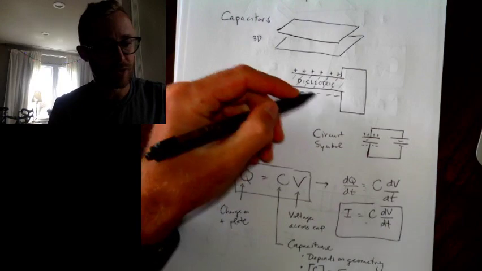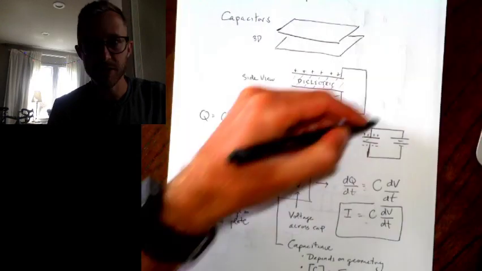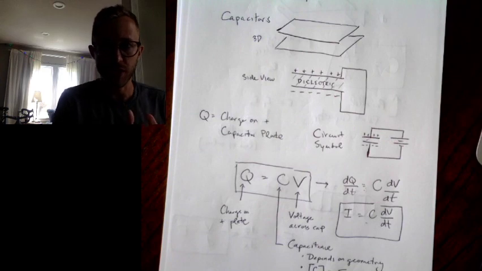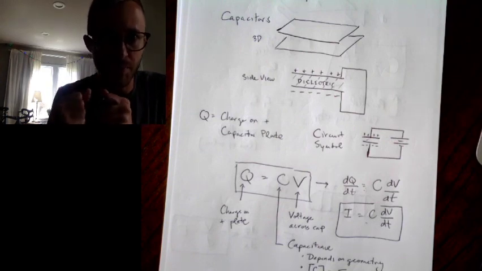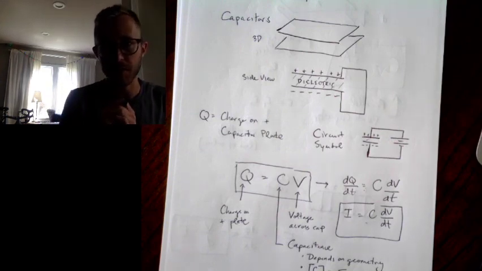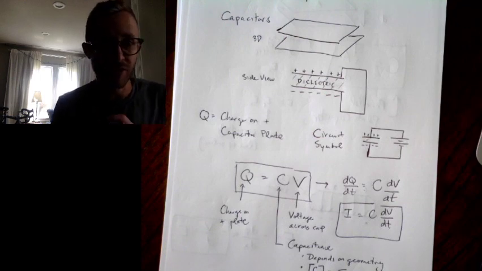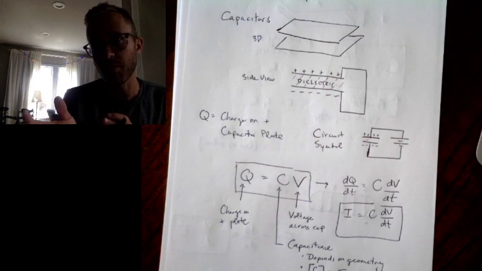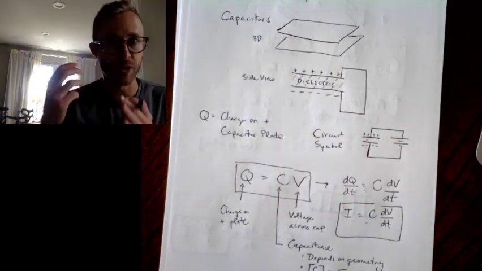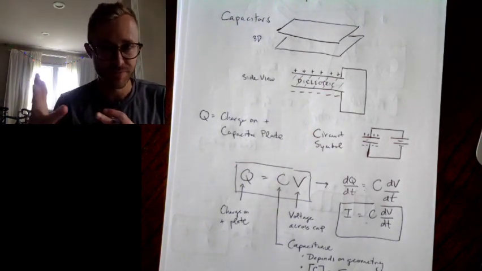So one of the applications of a capacitor is to store charge and then use that to create a burst of current. When used in this way, a capacitor can actually make short bursts of current that are more than what a battery could make. So if you need a really big burst of current, use a capacitor.